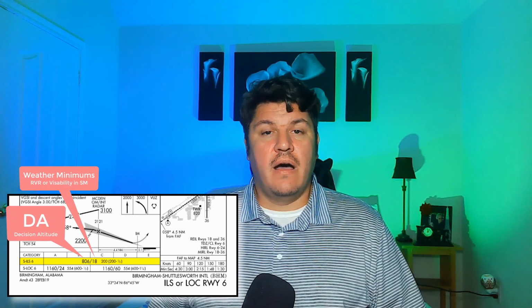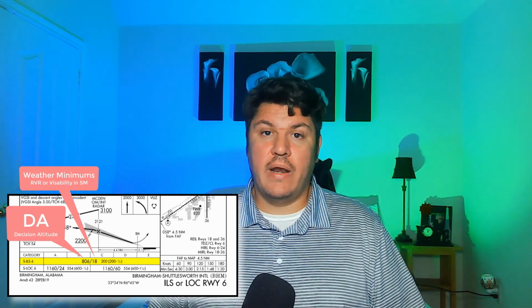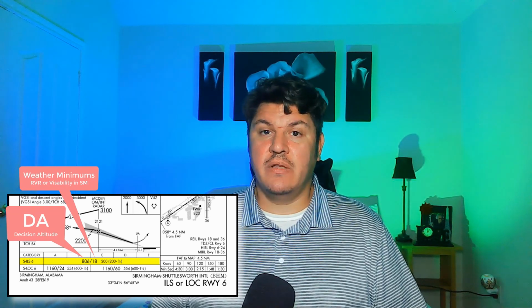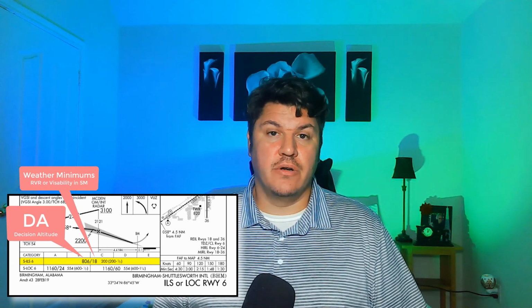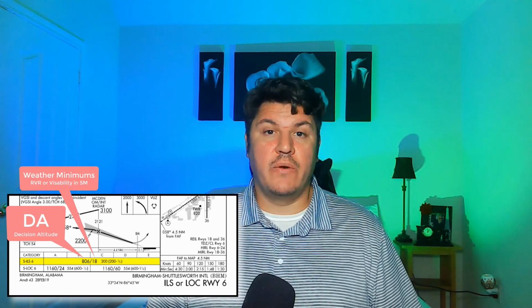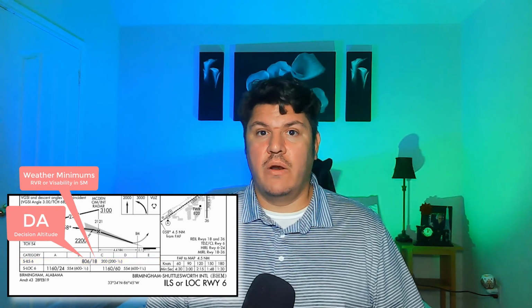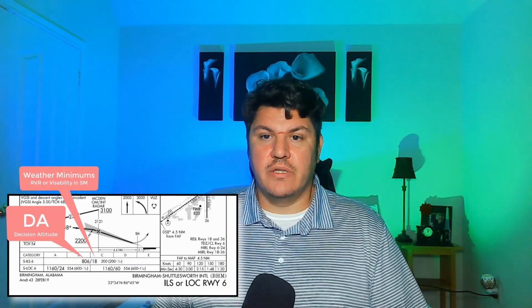If you see single digit numbers, like for example 1 and 1/2, that would be using visibility when the airport doesn't have RVR equipment to measure visibility down on the runway in feet. So if you see a 1 and 1/2, then you need 1 and 1/2 statute mile visibility reported on weather in order to execute this approach.